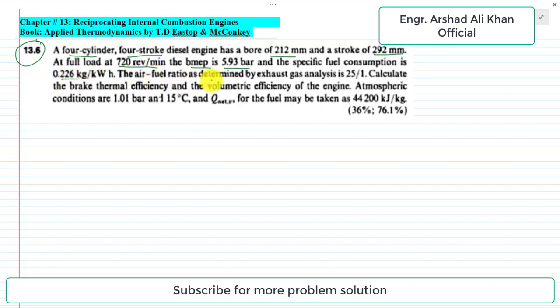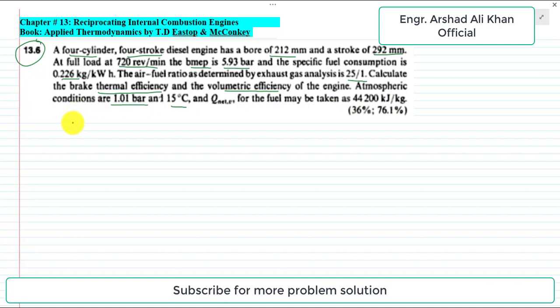The air-fuel ratio determined by exhaust gas analysis is 25:1. Calculate the brake thermal efficiency and the volumetric efficiency of the engine. Atmospheric conditions are 1.01 bar and 15 degrees centigrade, and the net calorific value for the fuel may be taken as 44,200 kilojoule per kilogram.